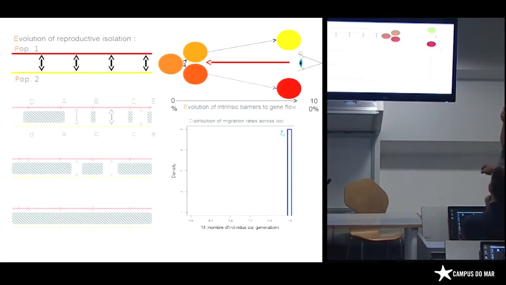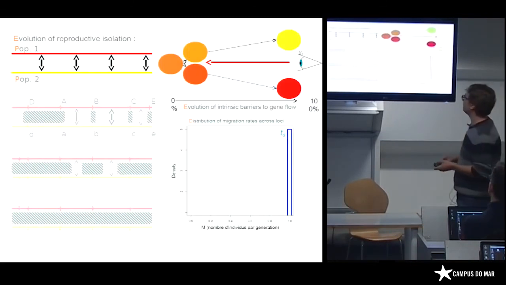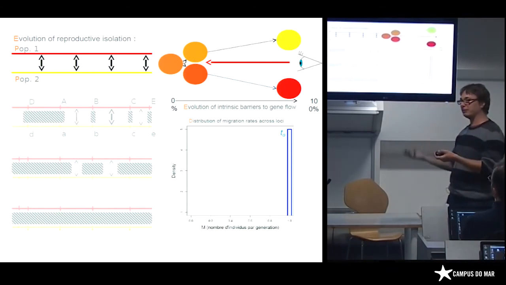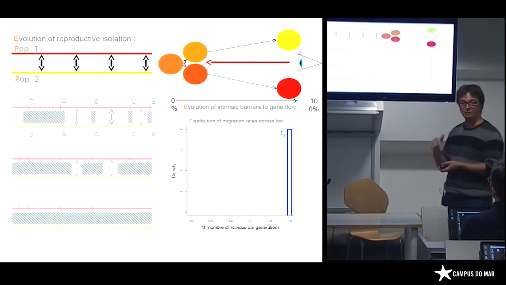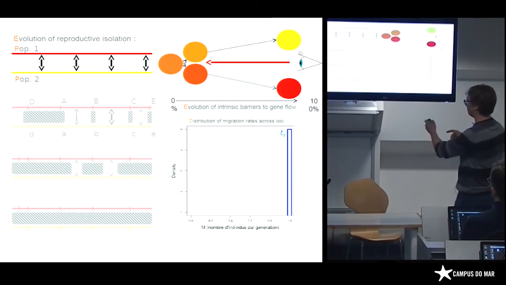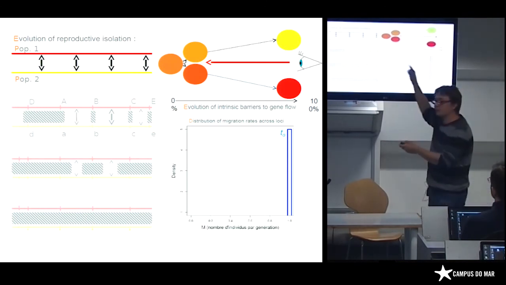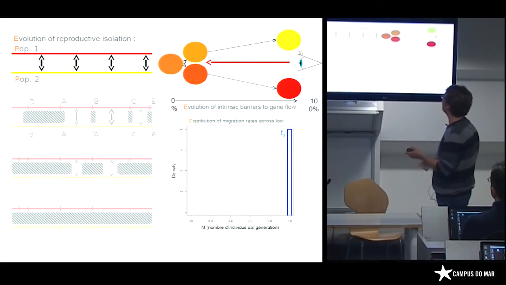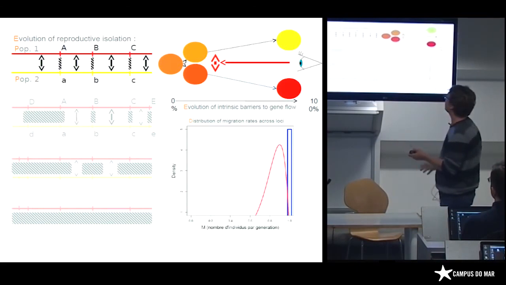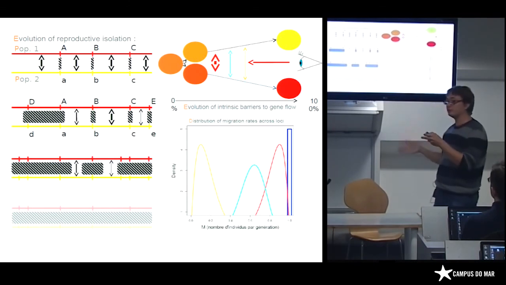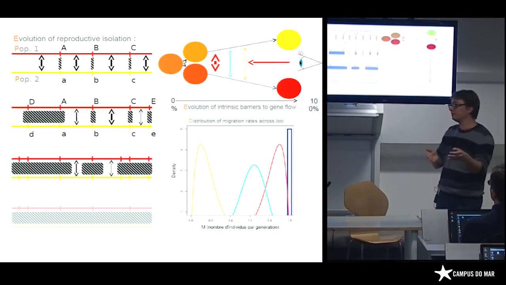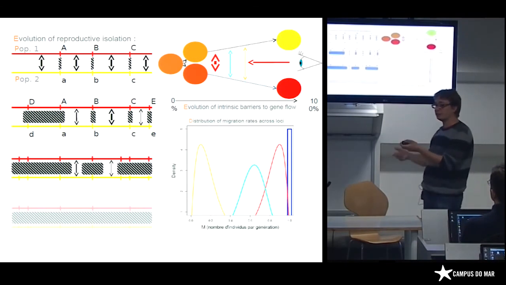Okay. So maybe I don't have to explain this again, but you remember yesterday that one of our aims is to account for the heterogeneity of gene flow in the genome, because at the beginning of the divergence you expect homogeneously high gene flow. In the middle you expect heterogeneous gene flow with islands of genetic differentiation and neutral regions that exchange genes a lot.